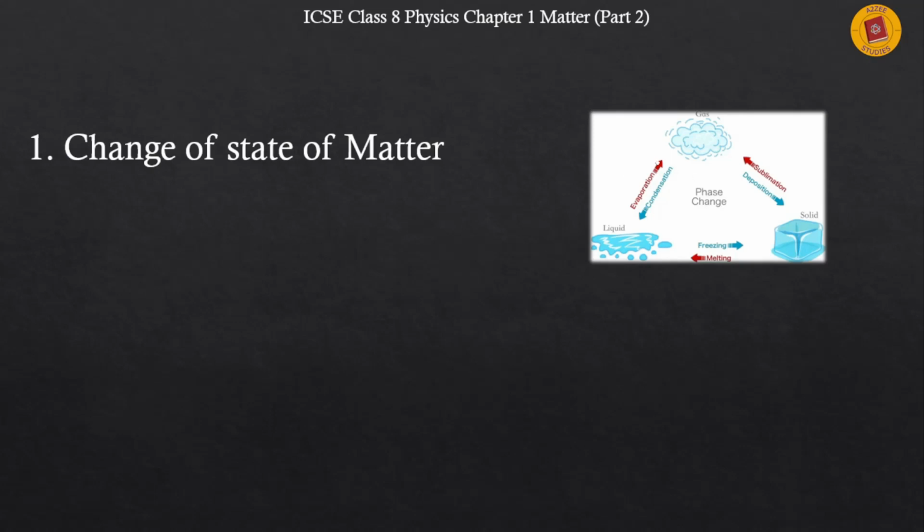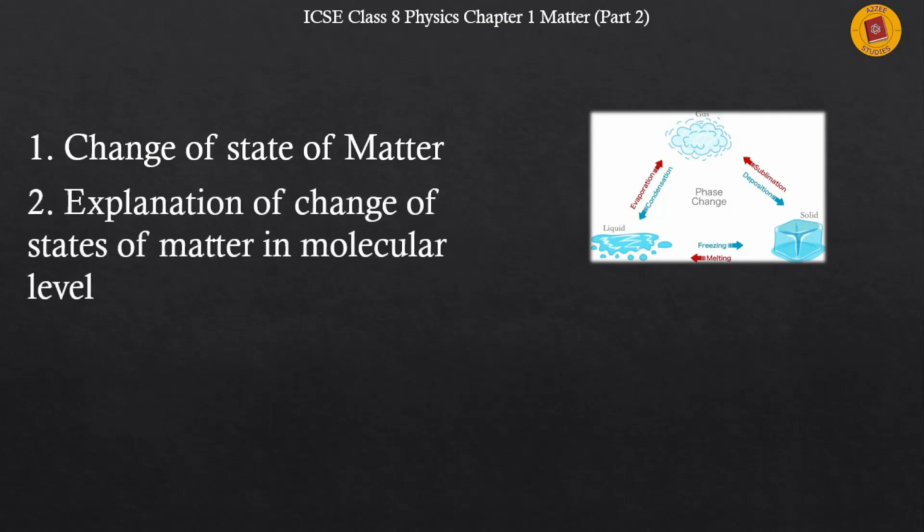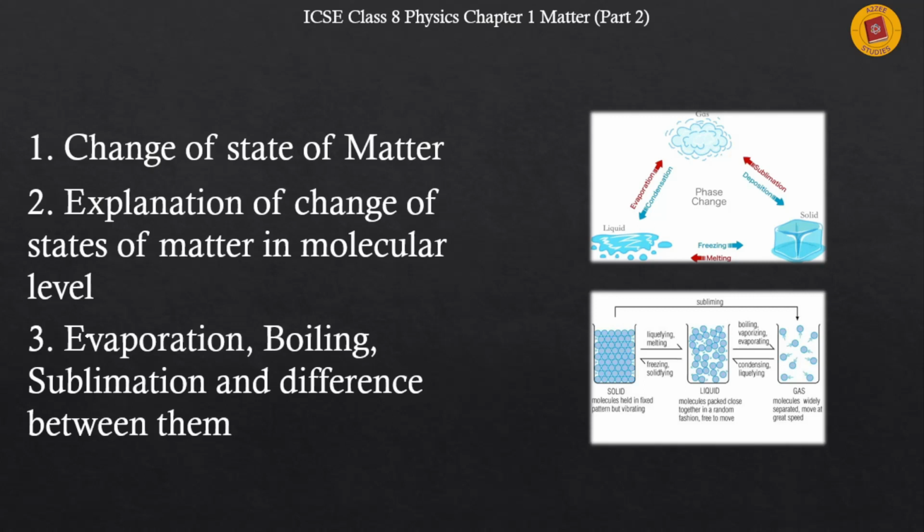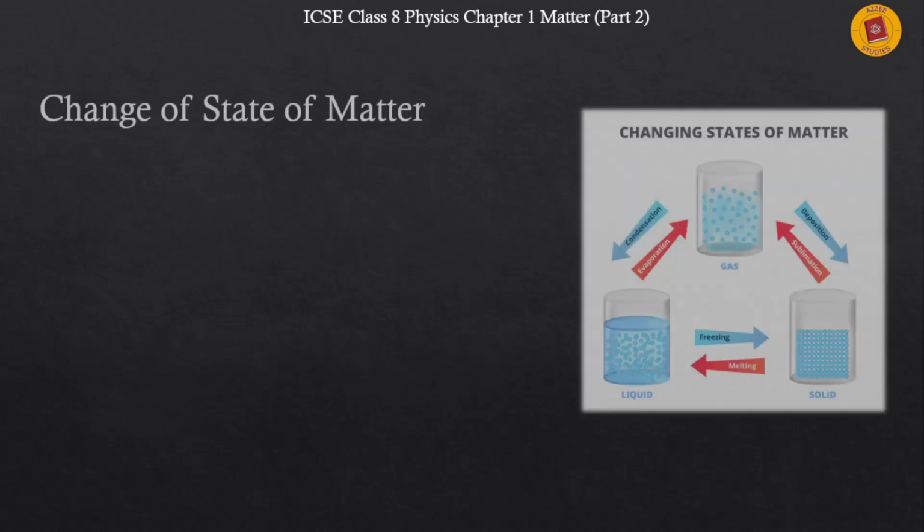So we will learn in detail about evaporation, condensation, sublimation, freezing, etc. Explanation of the change of states of matter at the molecular level, how this change is happening. Evaporation, boiling, sublimation and the difference between them. So let's get started. Change of state of matter.